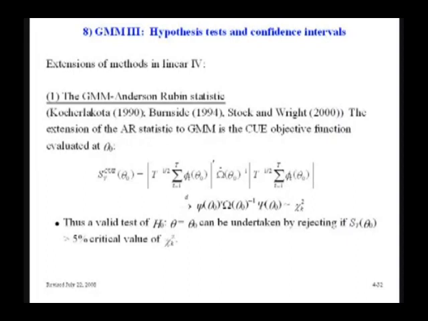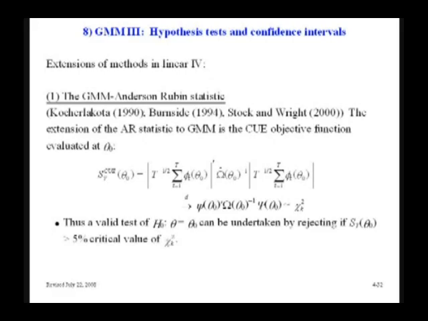In fact, suppose that this is evaluated at the true value. The CUE objective function evaluated at the true value is going to be chi-squared. Why is that? At the true value, this Gaussian stochastic process is normal, but there's no mean part of it because the moment condition holds.